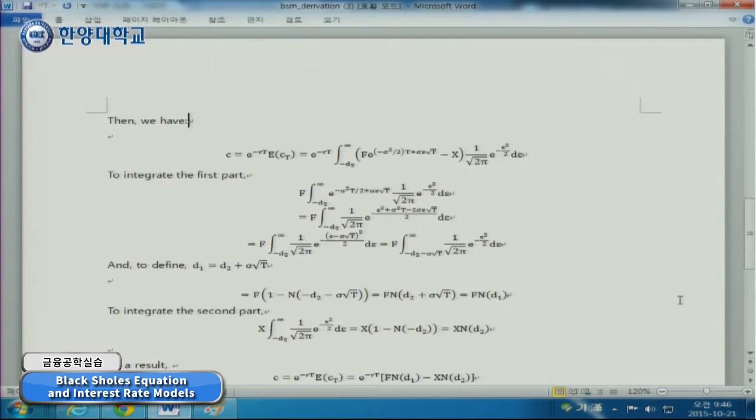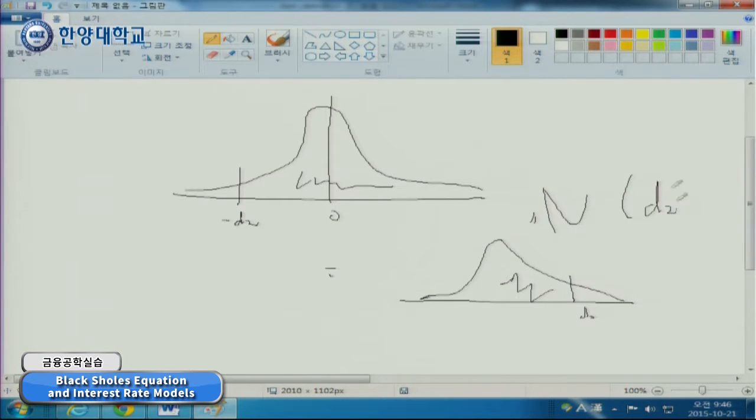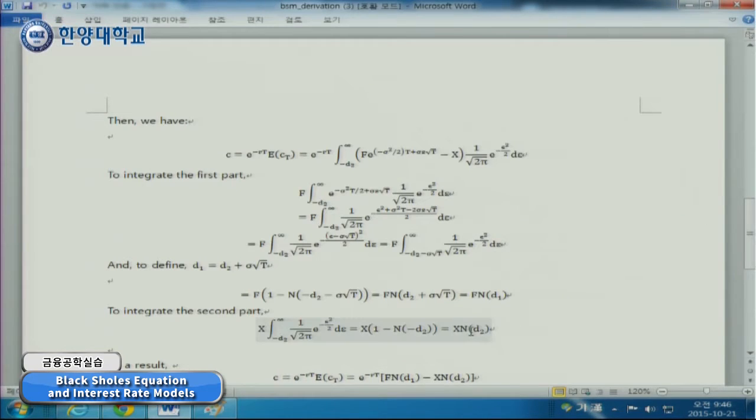We are interested in this area, right? And this area again we can flip, and this is the same as d2, which is just N(d2). See there? So the second is N(d2).